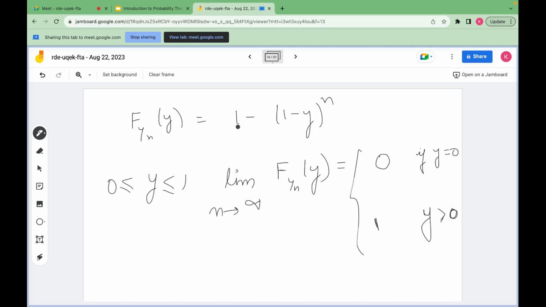So that's why this will become 1. So in the limit n tends to infinity, this function will go to 0 if y is 0, and it will go to 1 if y is greater than 0. So we can say that yn goes to 0 with some distribution.